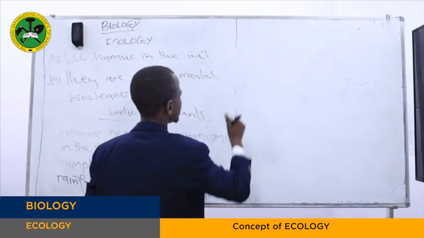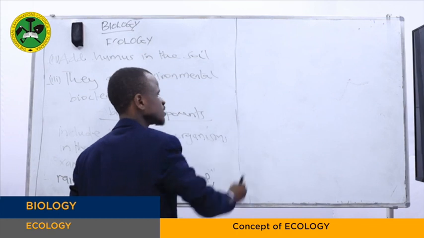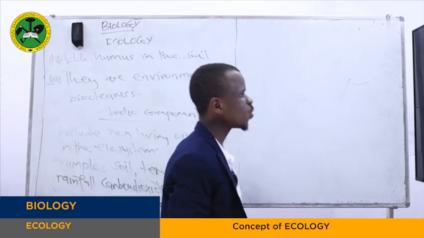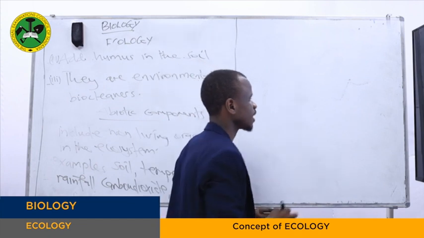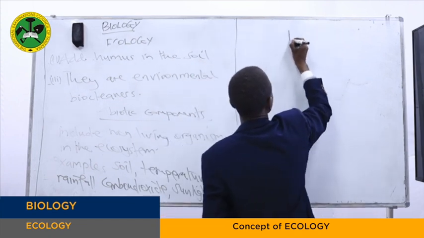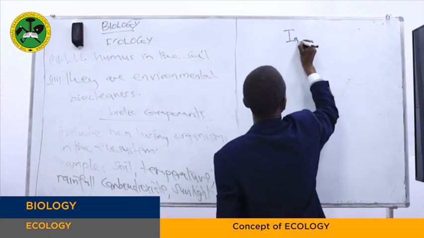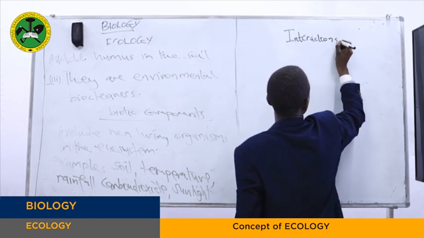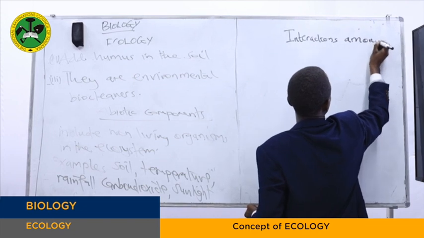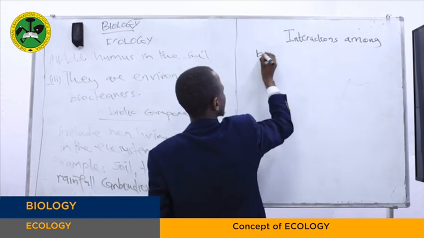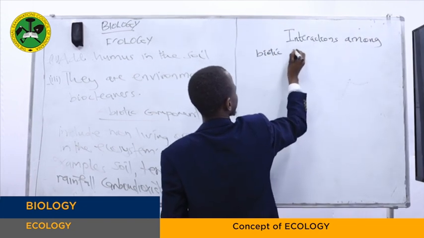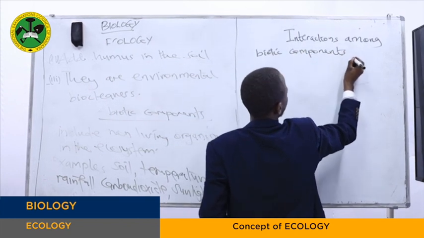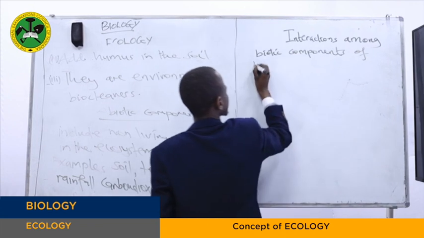From what I've said, biotic components are producers, consumers, and decomposers. How do they interact? Therefore, interaction among biotic components of the ecosystem.